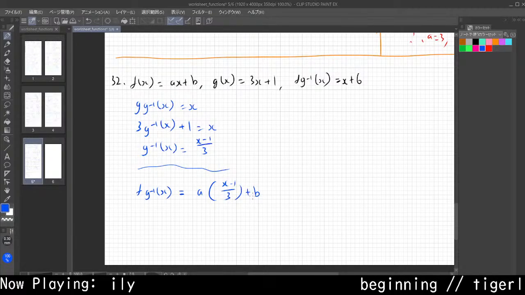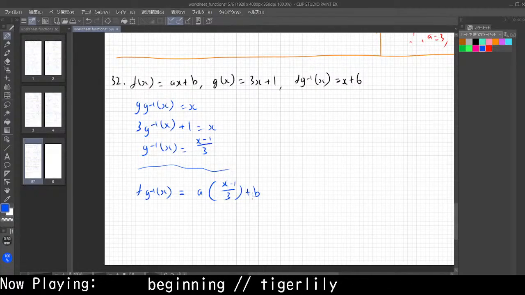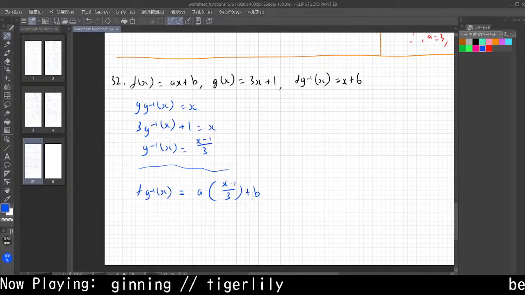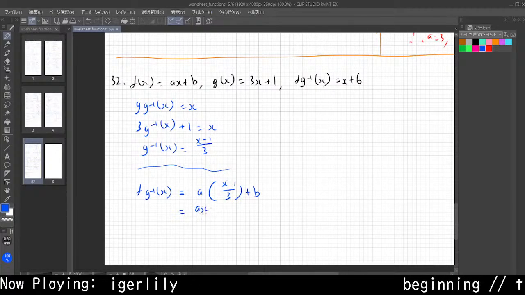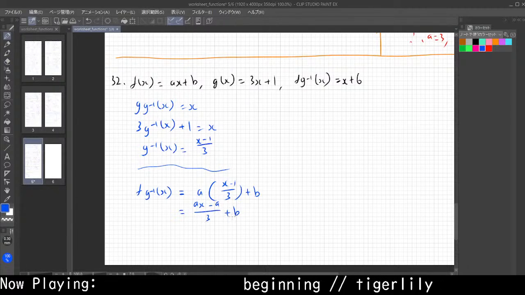Again, you directly replace it. This one, the g inverse is not simplifiable, so that will be it. Multiply your a inside, you get ax minus a over 3 plus b.